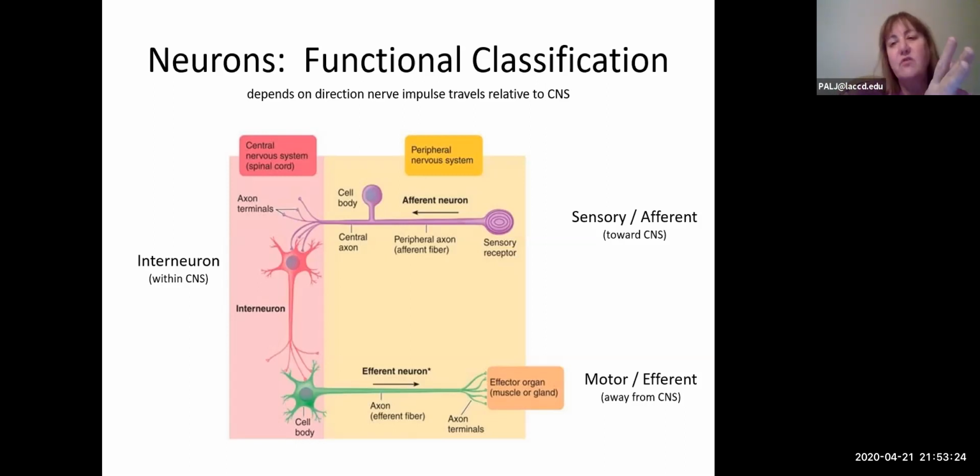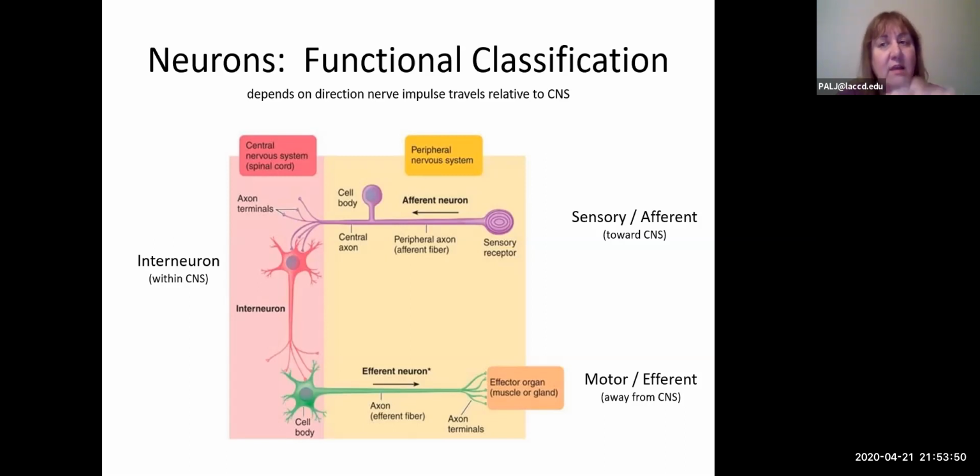So now we have neurons, and you can go directly from a sensory to a motor, but most of the time you're going to have neurons between the two, which means the sensory has taken it into the central nervous system over here. The motor is taking it out of the central nervous system. So it means all the in-between neurons have to be in the central nervous system. And these are called interneurons.